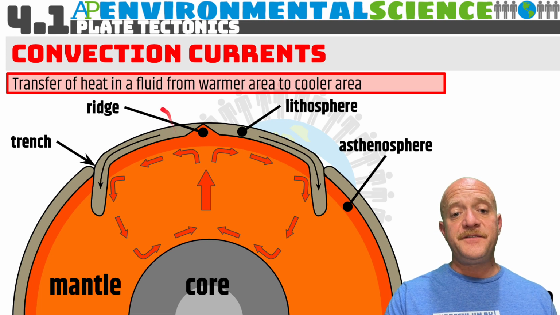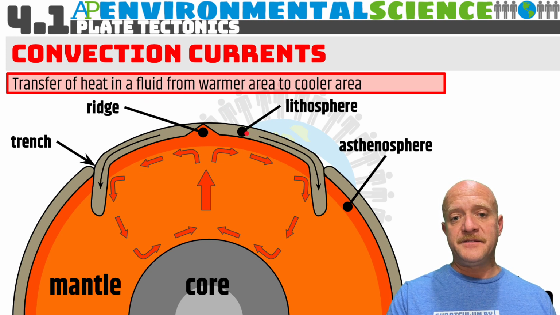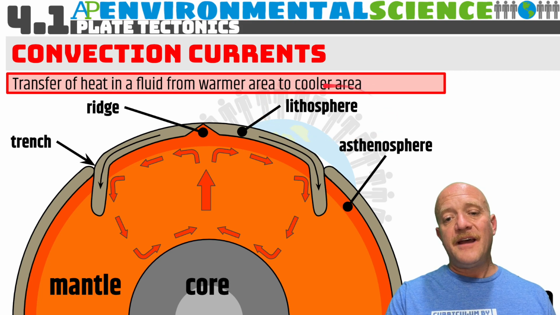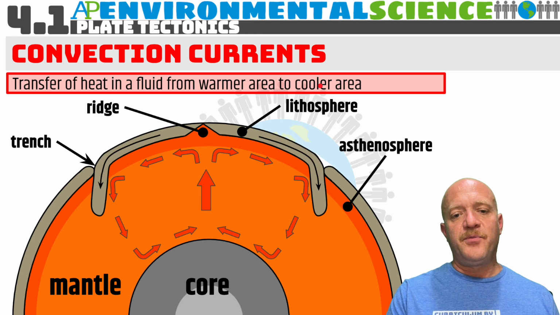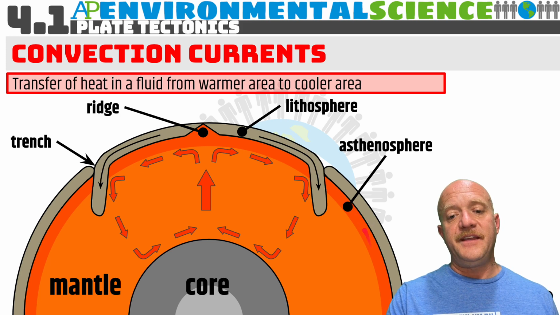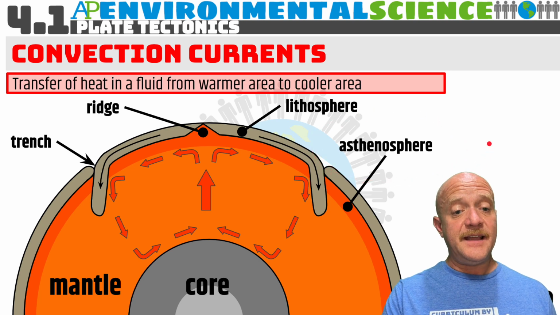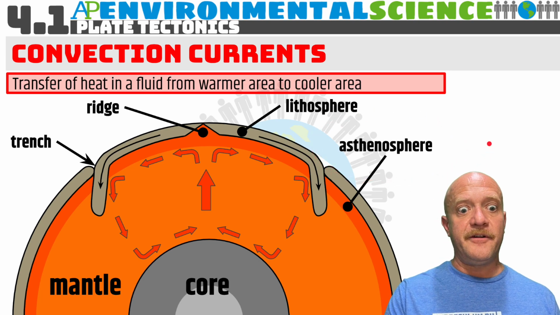The lithosphere is composed of the crust and the outer layer of the mantle. They're not the same thing, but whenever you see lithosphere, it just means the solid portion of the Earth's surface. The asthenosphere is the outermost portion of the mantle, and you might see this term. I don't think you have to define it on any tests, I haven't seen it, but never say never.